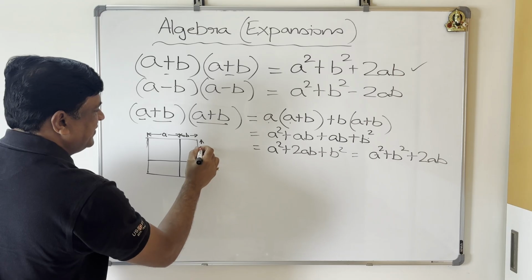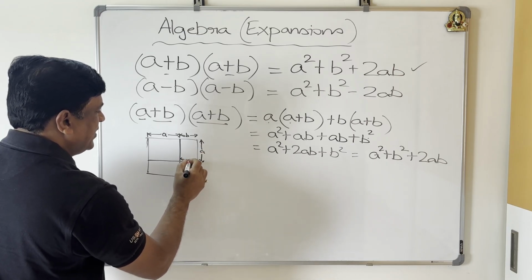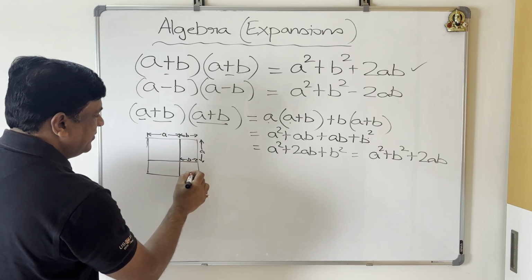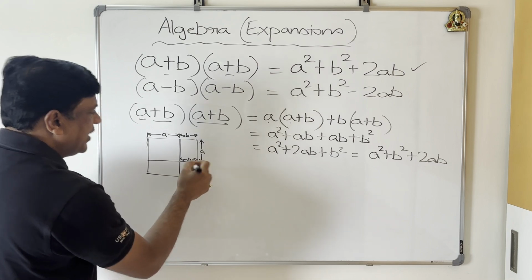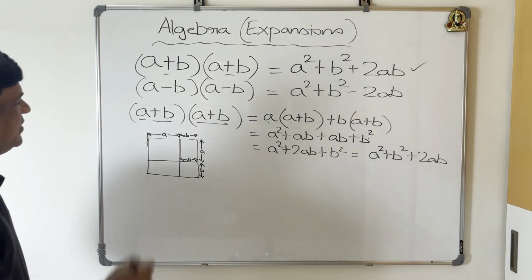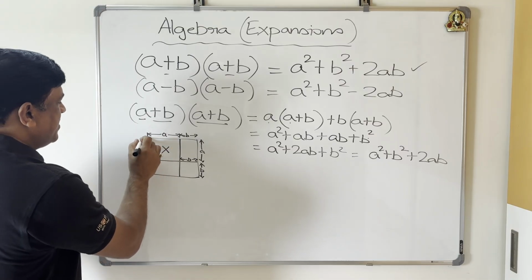So this becomes a again, this is a, again this one is b over here. Similarly, this is b. Look at it. So we have the dimensions. This big square is a.